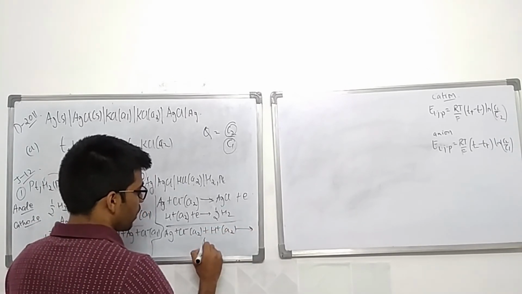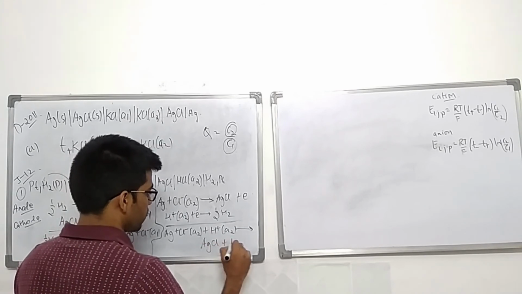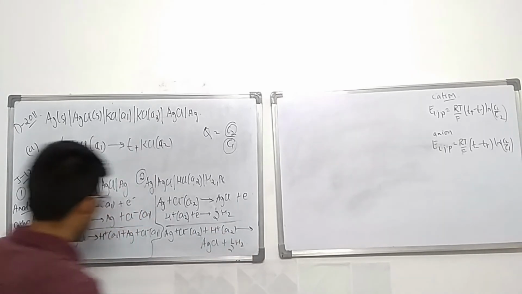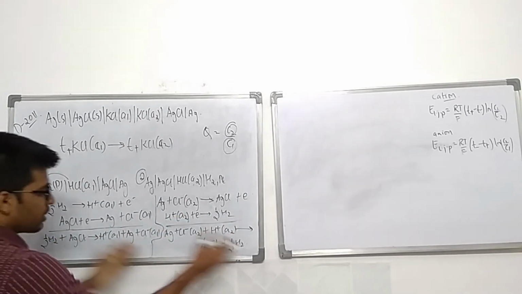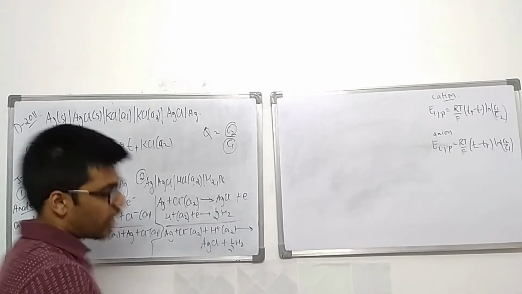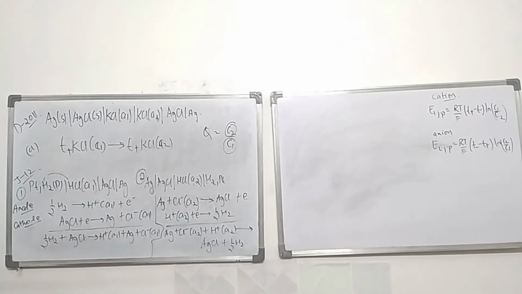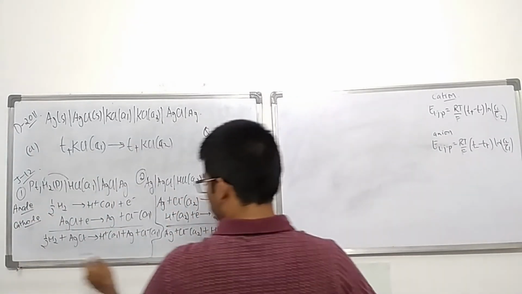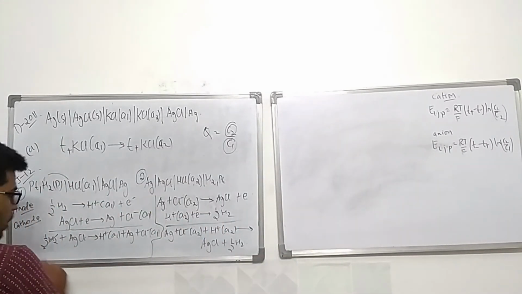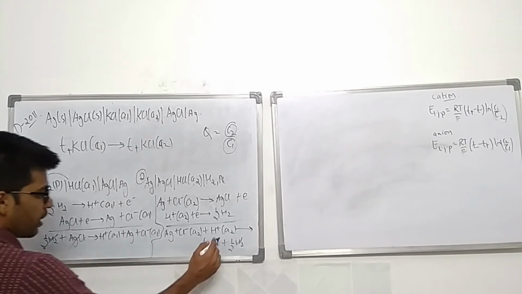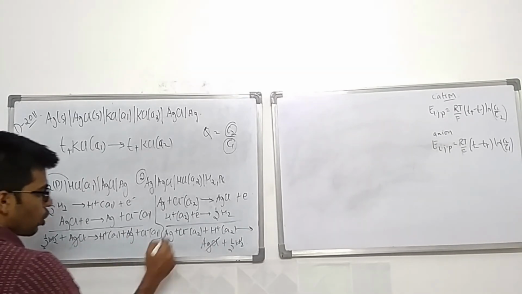This gives AgCl plus half H2. Now if I take the two half cells and combine them, then what will I get? Some things get cancelled out: half H2, AgCl, and Ag solid.